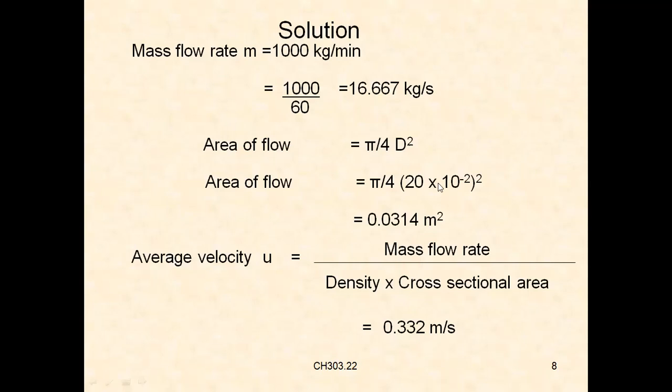So 1000 by 60, that is 16.667 kg per second. And the diameter of the pipe is given as 20 centimeters, which we have to convert into meters.